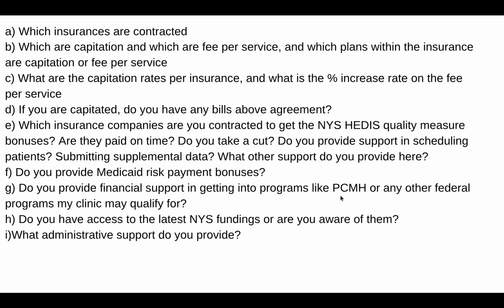Now, the other question is, do you provide any risk associated bonuses? Risk associated bonuses mean that, to overly simplify everything, let's say the state gives the insurance companies $100 to spend on the health of patients in New York. And let's say they spend only $80 delivering everyone's health throughout that year. That $20 that is left gets divided between the insurance company and IPAs and private practices.